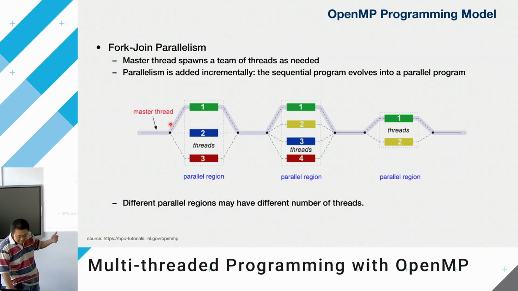Only one thread, nothing fantastic. But then you can fork this master thread to spawn a team, a group of threads, to form the so-called thread region. For CPU, this can be, I don't know, 1, 2, 3, or for GPU, you can have millions. But anyway, the basic principle is the same.